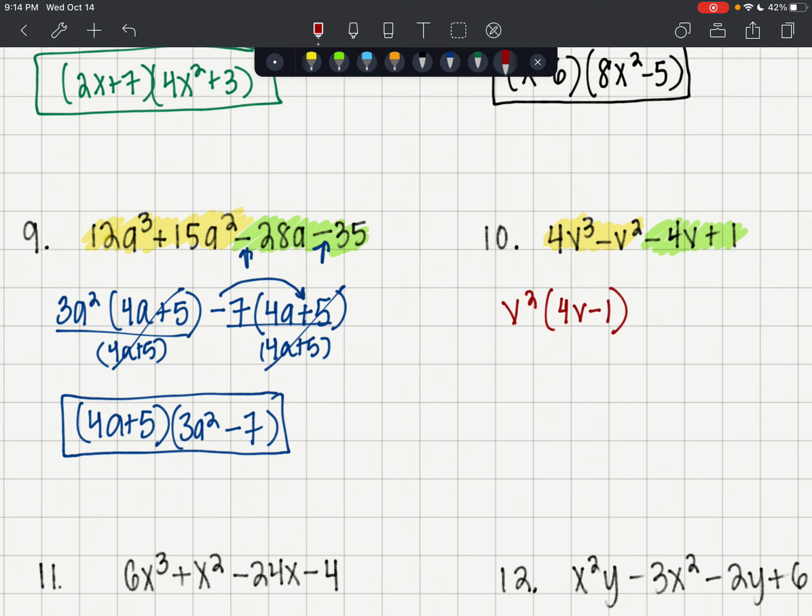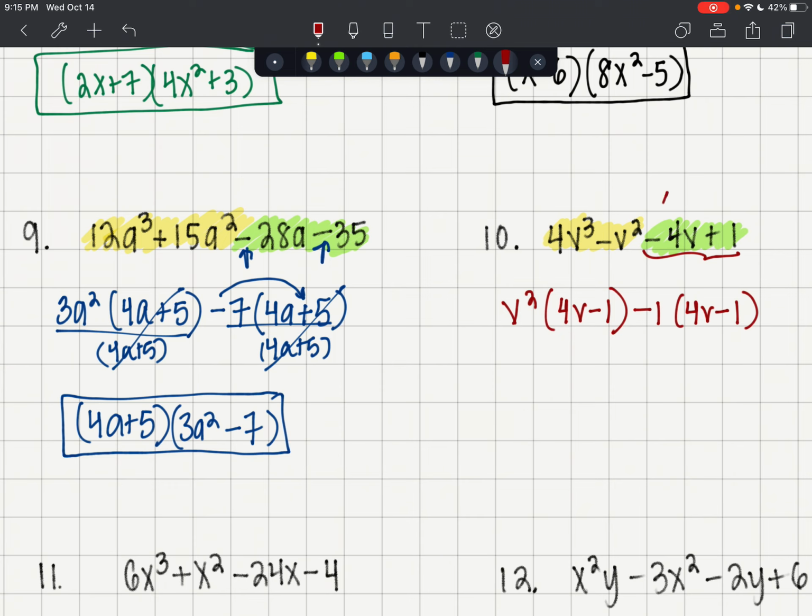And then from the second one, I'm going to factor out a negative, and that's all we're going to be able to factor out is just that negative. And in parentheses, it's going to leave us 4v minus 1. So what's common to both of these terms? Actually, I'm going to make that a negative 1. There we go. I'm going to factor out a negative 1.